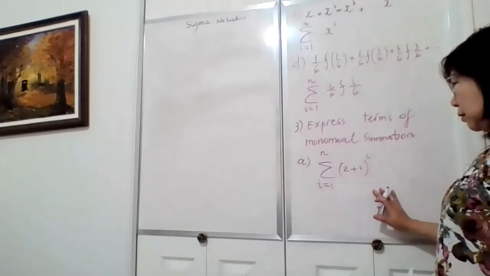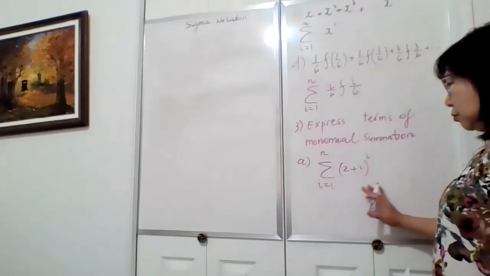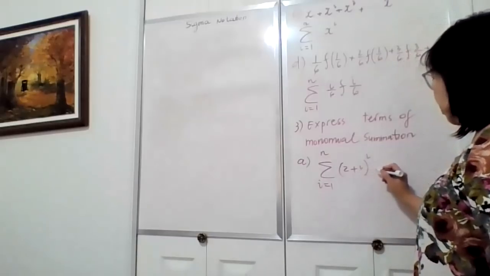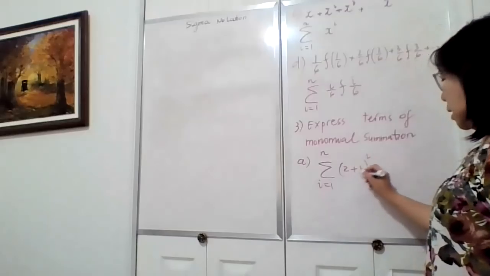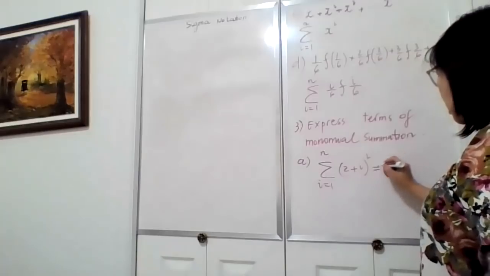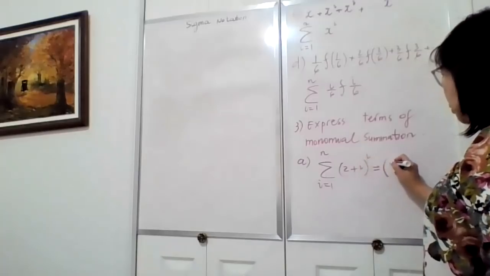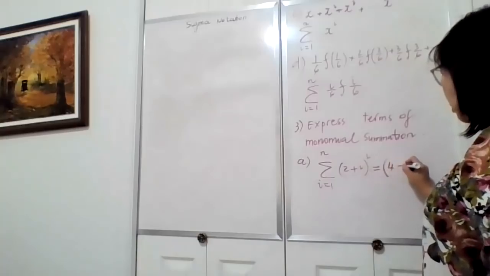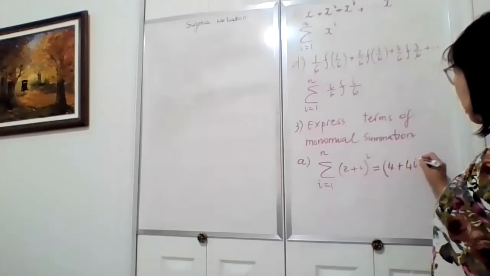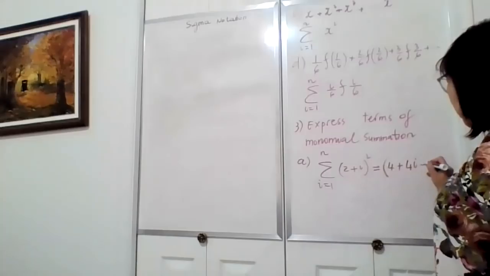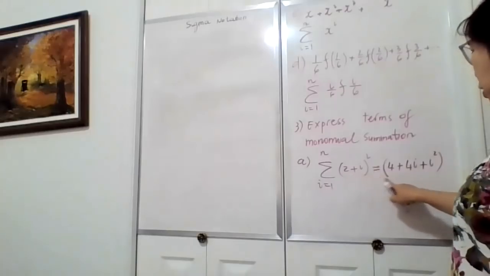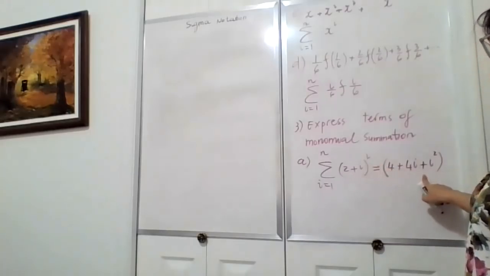We're going to write the expression for this in sigma notation, right? So let me expand this, right? This bracket is just the same as a squared, which is 2 to the power 2 is 4, plus 2 times a times b, which is 4i, right? 2 times a times b. And the last term is b squared, I squared. So this expression, when we expand, this is how it looks like, right?